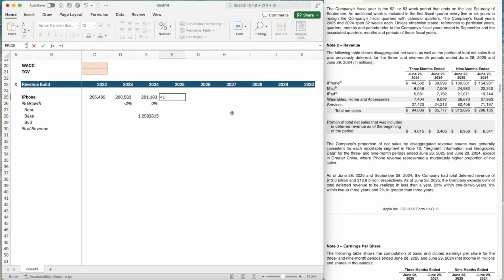So we'll do 160,561 multiplied by 1.2982815. So yeah, we're expecting significantly more iPhone growth this year, especially as they just reported that the iPhone 17 is doing very well at the moment in the first couple of weeks of trading.